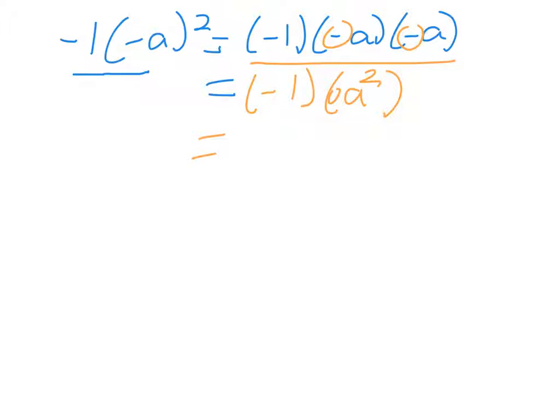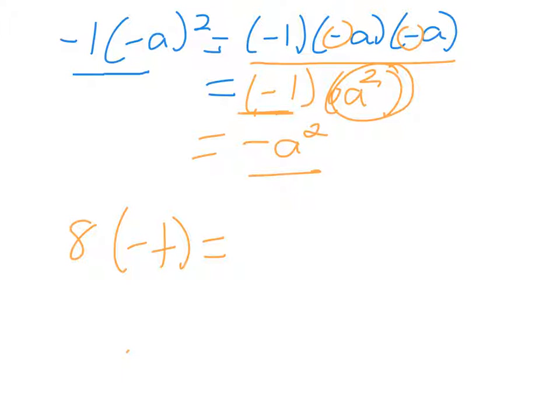We can continue to simplify. When we multiply this out, we can drop the 1, so we'd have negative a squared, and we get the negative a squared because it's the property of negative 1, which means that it's going to be the opposite of this, and so that's a positive, and so it would be a negative a squared.